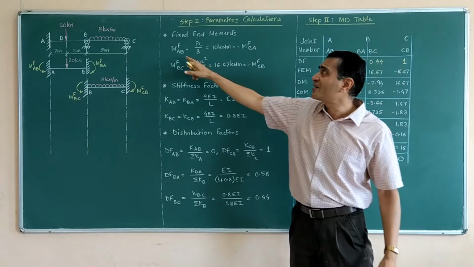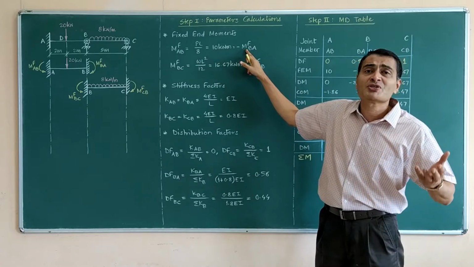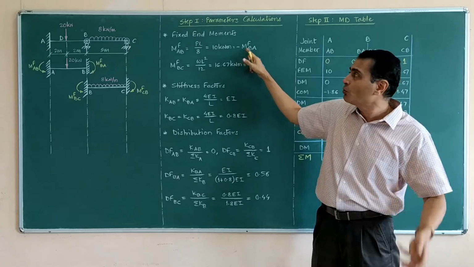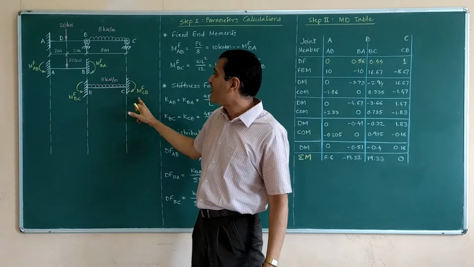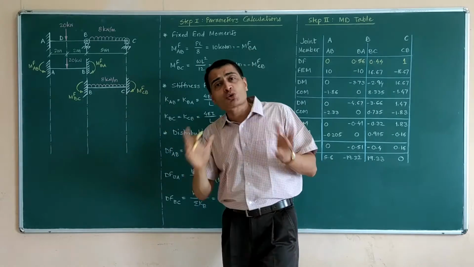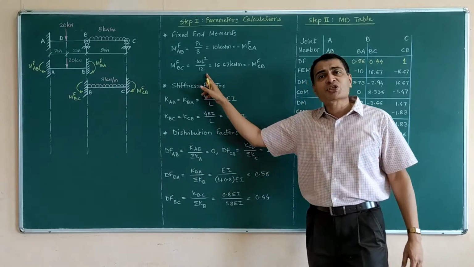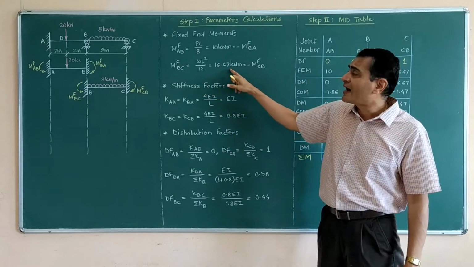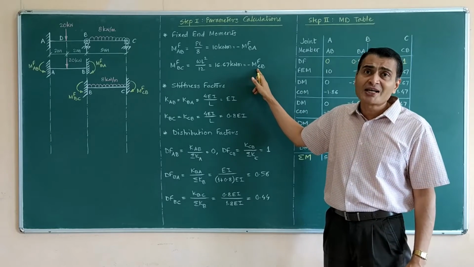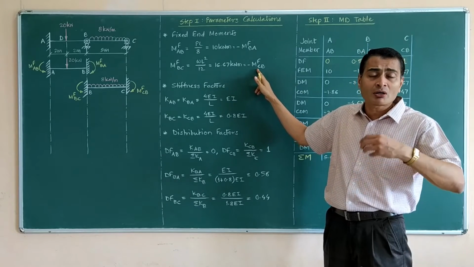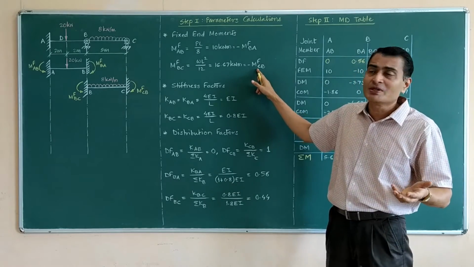What I mean to say is that this is anti-clockwise 10, this is clockwise 10, so we will be substituting it as negative. And then MFBC, that also I have shown here, and MFCB, again because of symmetry both are equal and opposite, the standard expression being WL squared by 12, I am getting 16.67 kilonewton meter, and which is negative of MFCB, means the sense is opposite.